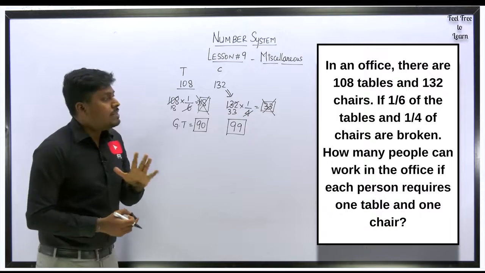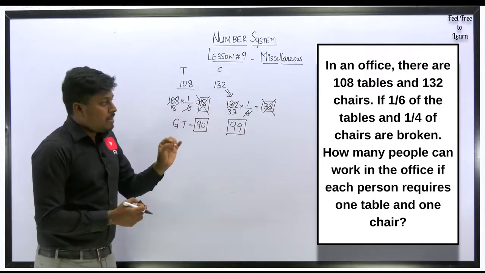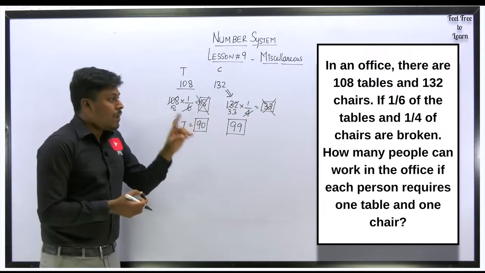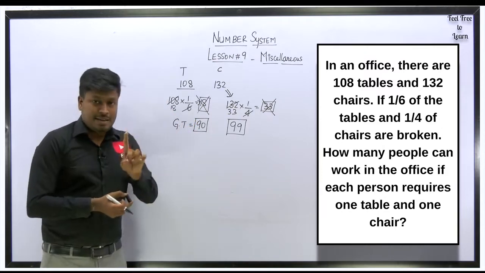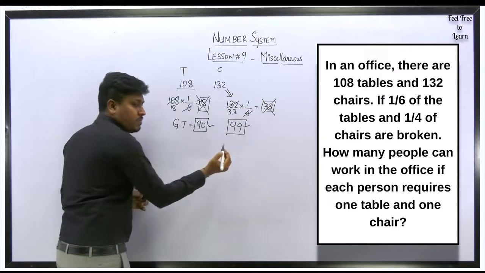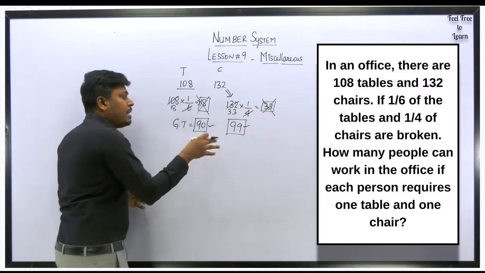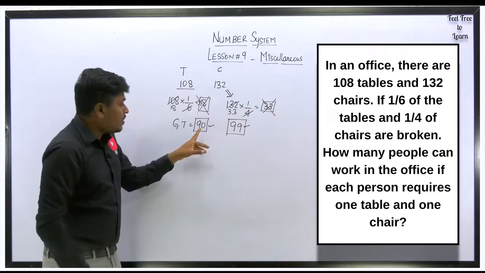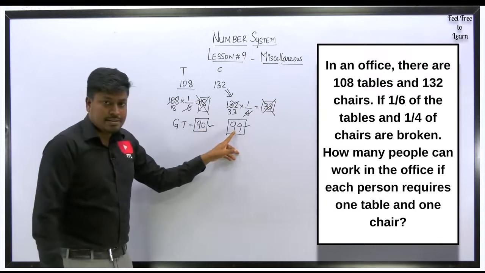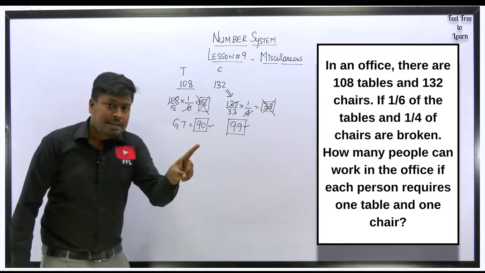Now what is our target? How many people can work in the office if each person requires 1 table and 1 chair? Our target is to find how many persons can work in the office. We have 90 tables and 99 chairs, but each person requires 1 table and 1 chair.